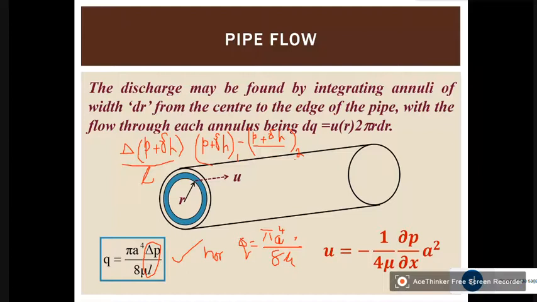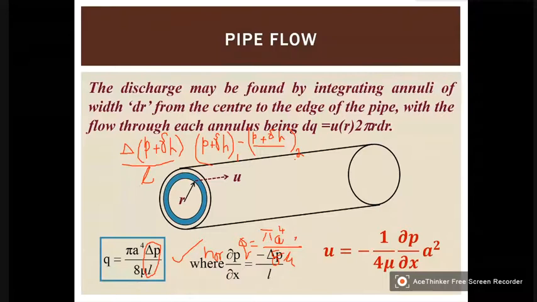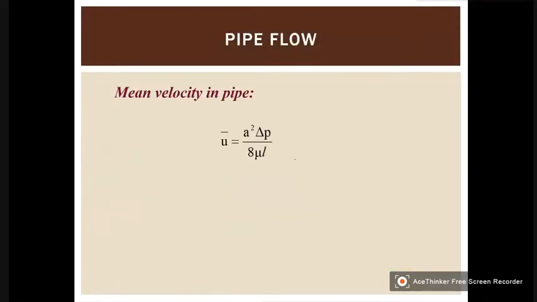So (P1 minus P2) plus gamma (H1 minus H2). These are the final equations.